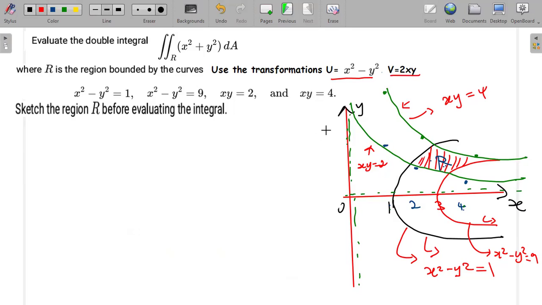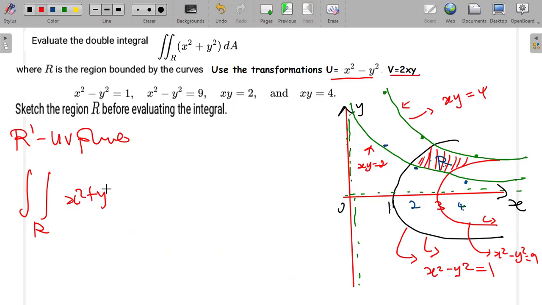So if I can give the formula, remember, we're trying to find some region R prime in the what? In the UV plane. So our integral, once we change the variables, will be something like this one.